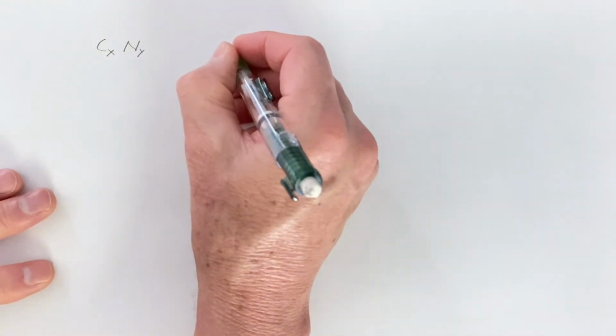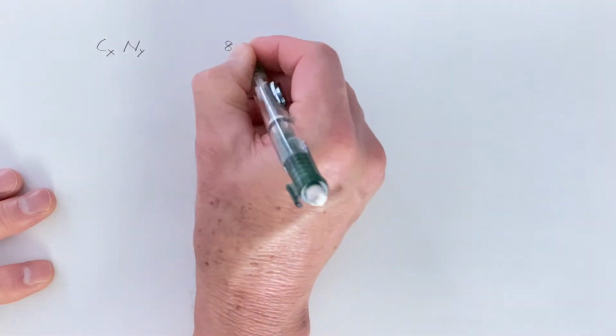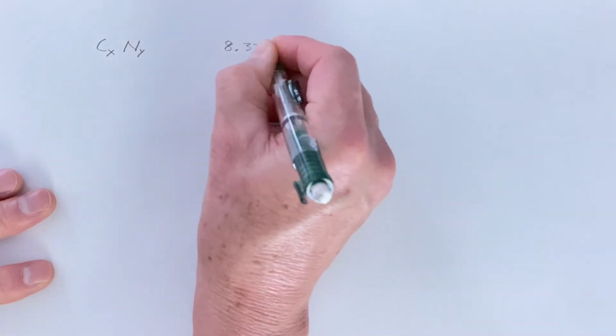Let's say we have some sample of this carbon-nitrogen containing compound. We put it on a balance, and we determine the mass of the sample as 8.3258 grams. From there, we do analysis on the sample, and we determine the mass of carbon and nitrogen in the sample.